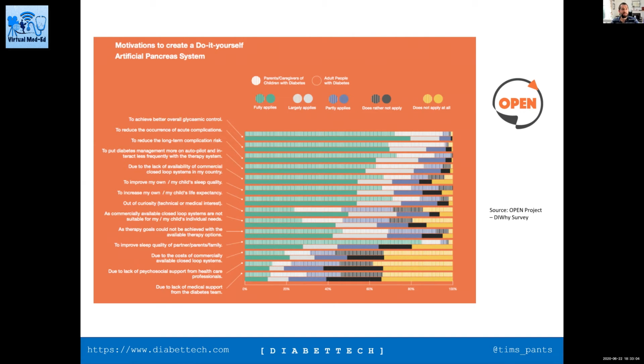There's also in that list for parents, probably the biggest on their responses, improving sleep quality of the parent, partner, or family. This data is extracted from the OpenAPS DIY survey, which ran in 2019, and is a fascinating source of data for understanding why people do what they do.